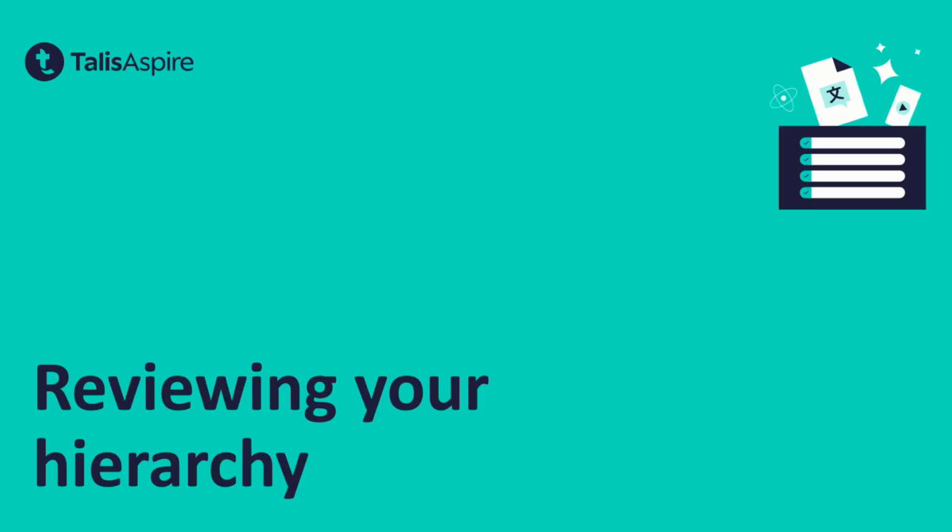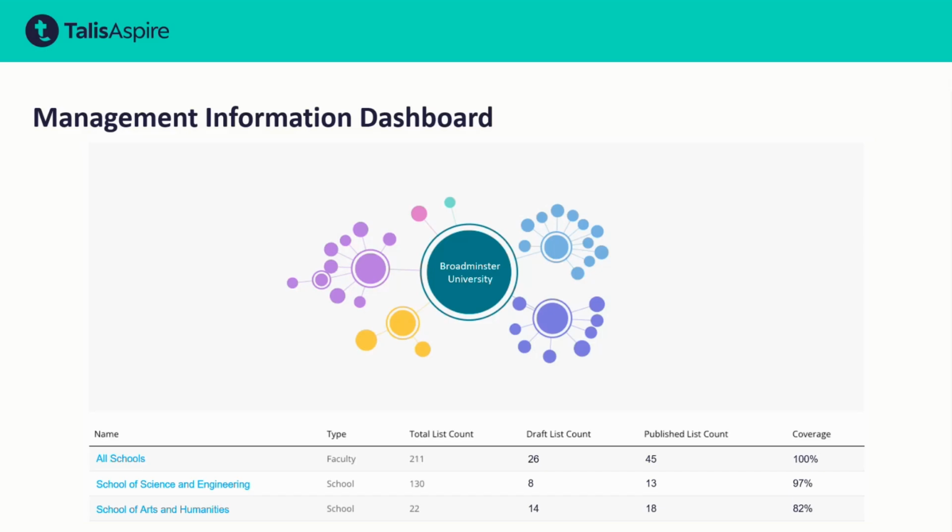So we'll move on now to talk about how to review your hierarchy within Talis Aspire. And there are a couple of ways to do this. Now, for some institutions, you will be able to view the management information dashboard. This is a visual representation of those nodes that we've already seen. You can see in this example here, we have Broadminster University, which is our demo university that we use.